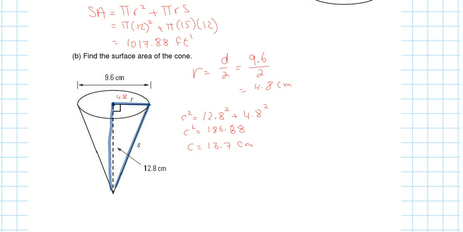So I found the slanted height. Now I can use the formula to find the surface area. What was it? Pi r squared plus pi rs.